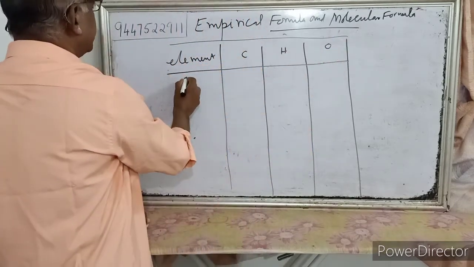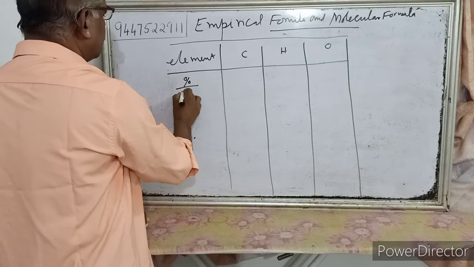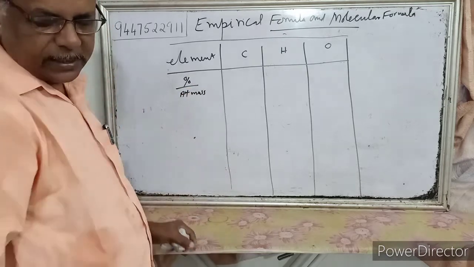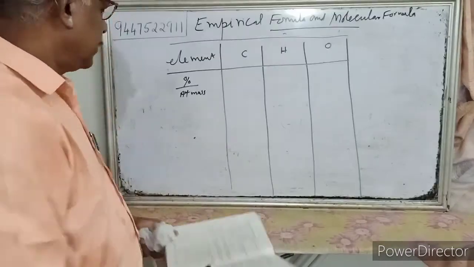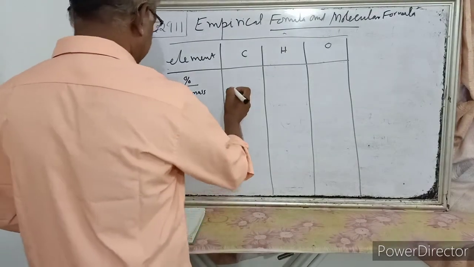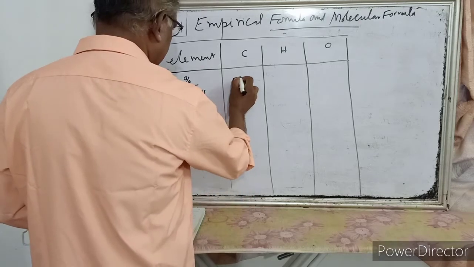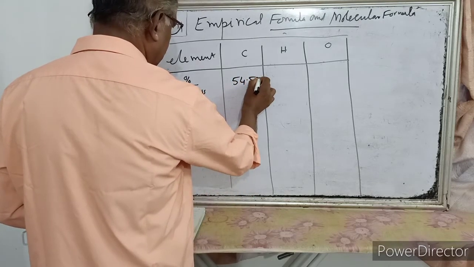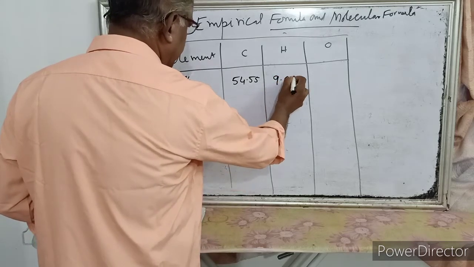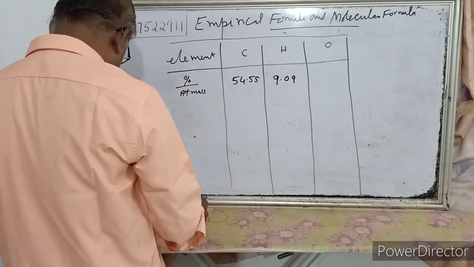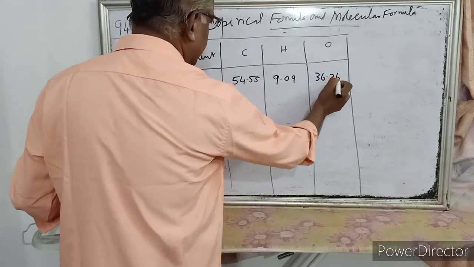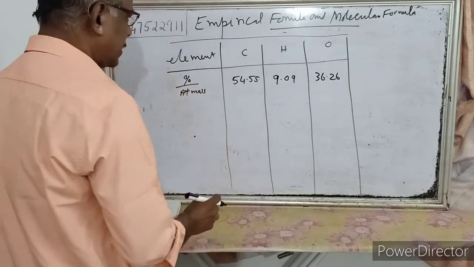Then next is percentage divided by atomic mass. For example, if you are given 54.55 percentage carbon, then 9.09 percentage hydrogen and 36.36 percentage oxygen.